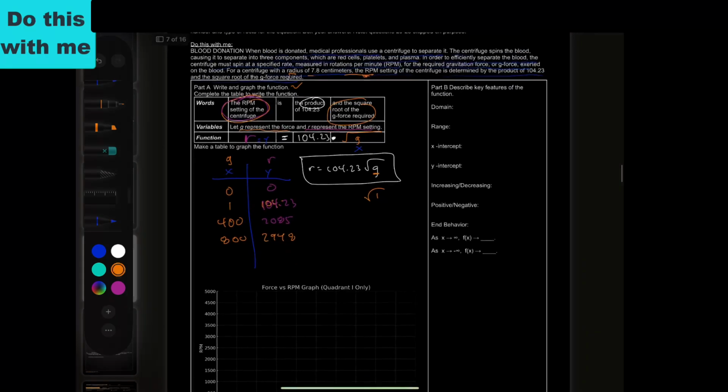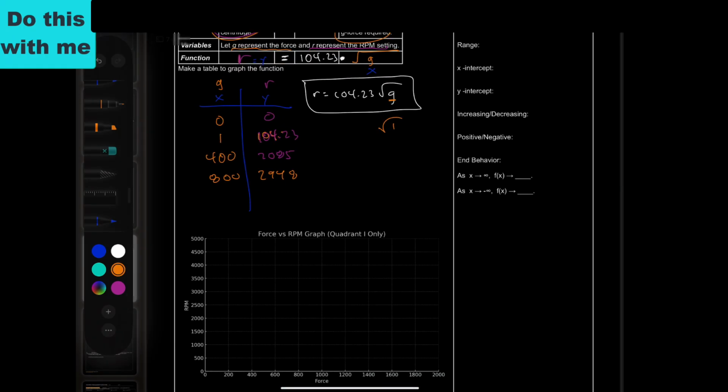And the reason I'm picking these numbers by 400s is they've given me a graph. So if you notice, there's 400, 800. They're just counting by 400s there. So I have 1200. This will get me 3611. And 1600 is 4,169. Okay, let's go ahead and try to graph that.